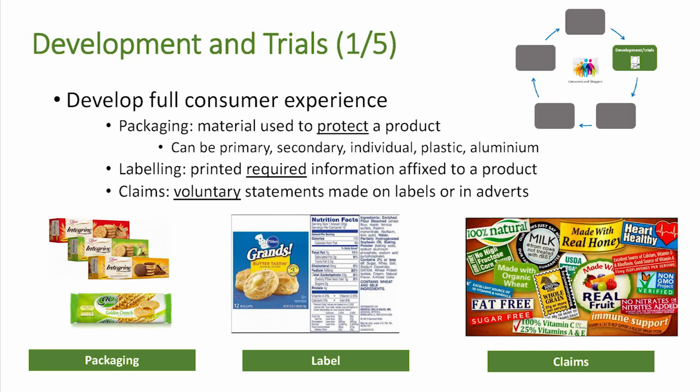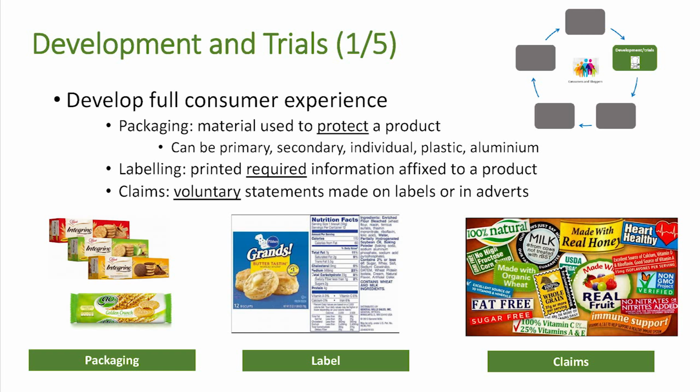I just listed a few here. You can have plastic, carton, aluminum, any type of packaging material. What is important is that it should protect the product. Protection is key when it comes to packaging materials. That's packaging.